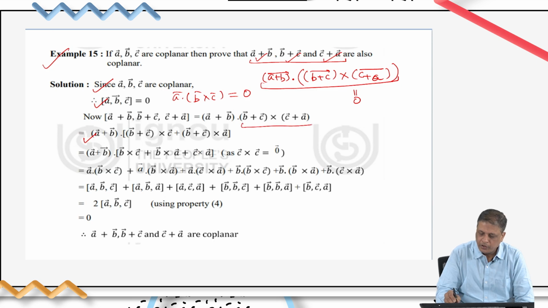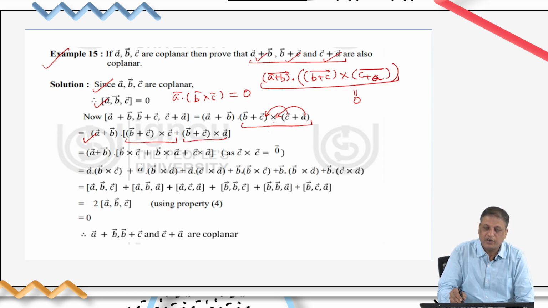Over here, applying the cross product, we firstly take the cross product of vector C with B plus C, then cross product of vector A with vector B plus C. So, taking the cross product of C with vector B plus C, we will get B plus C cross C. Cross product of vector A with vector B plus C, we will get B plus C cross vector A. Then again opening the braces, taking the cross product of C with B, C with C, A with B, A with C, you will get B plus C, B cross C, then you get B cross A, C cross A. Why?